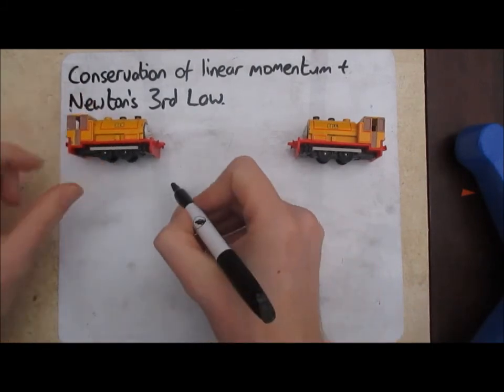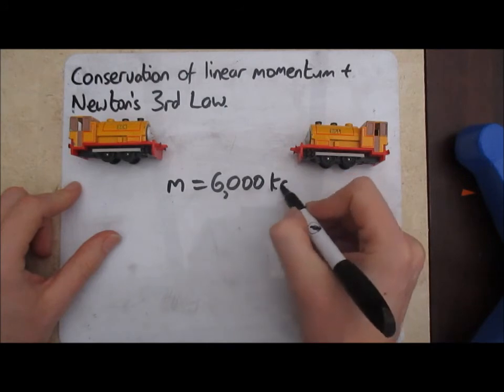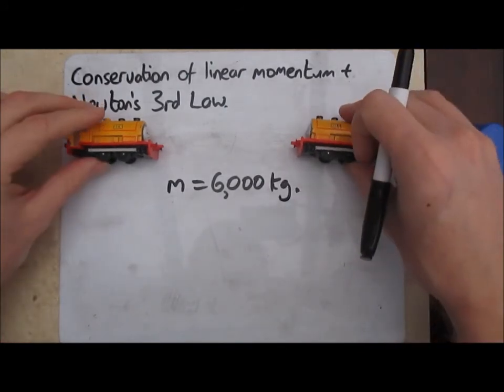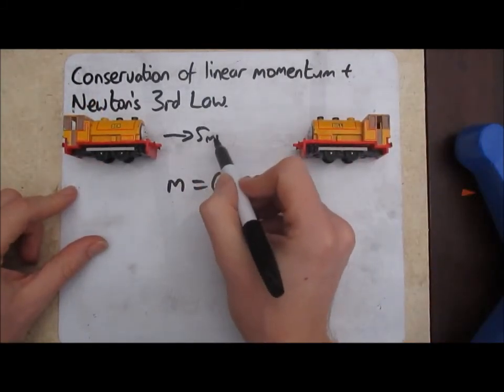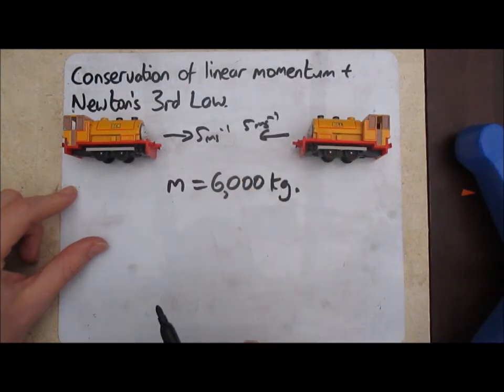Sticking with Bill and Ben, same mass for both of them, 6,000 kilograms again. What happens if they're actually moving towards each other at the same speed? Let's say 5 meters per second for Ben that way, 5 meters per second for Bill that way.